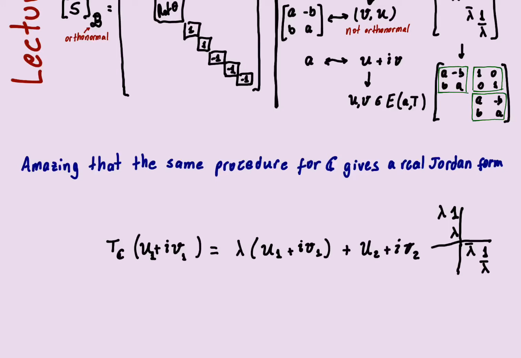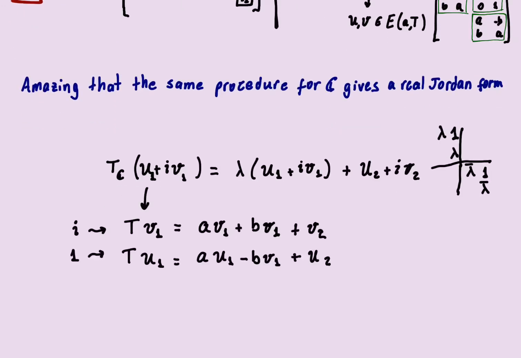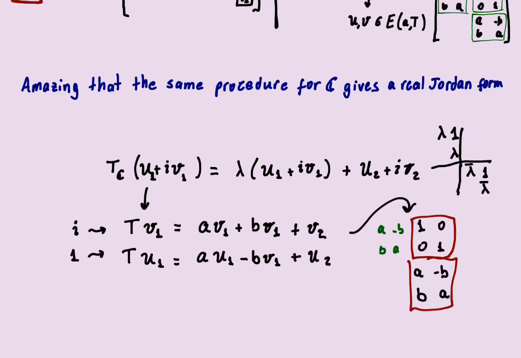But we can also expand what is the real part and imaginary part of this operator and match with what this complex non-real eigenvalue lambda will give us. And looking at the imaginary part first and then the real part, this gives us exactly these blocks here. So these two equations are expressed by the first and second column of these two blocks.